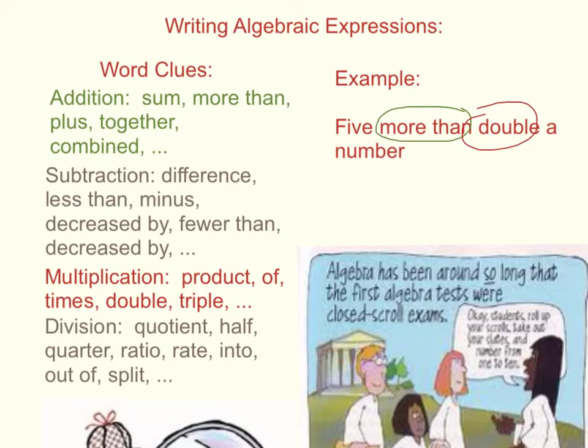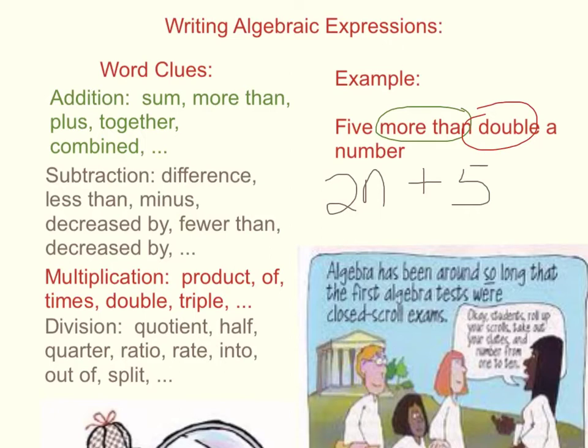Double a number, since we don't know what the number is, we're going to use a variable for it. So I'm going to say that our number is n. Double a number would be 2n, and then 5 more than, that means I would have to add 5 to it. Therefore our expression is 2n plus 5.